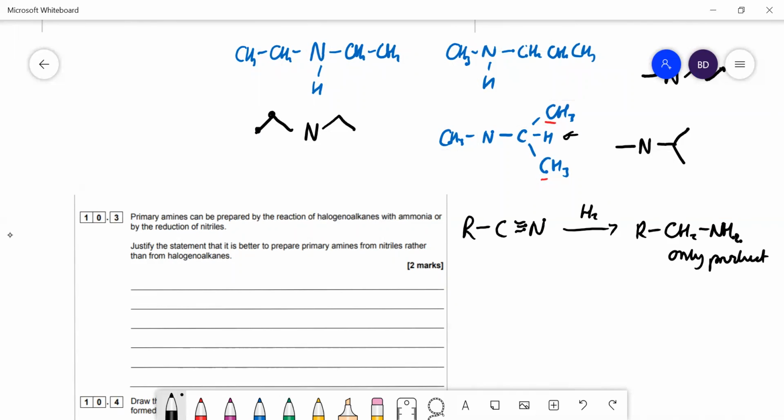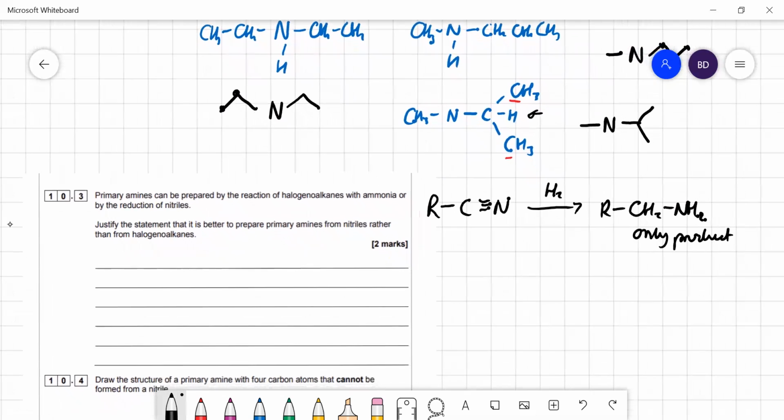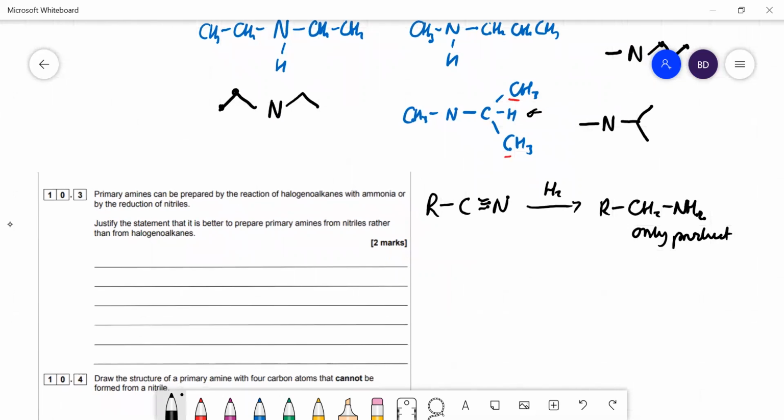Now if you remember, if you do it by the other method, by haloalkane plus, I'll just draw bromoalkane plus ammonia, it's a nucleophilic substitution reaction. So what happens is that lone pair attacks there because it's delta positive, and you lose the bromine, and you will get an intermediate, but you will get that.